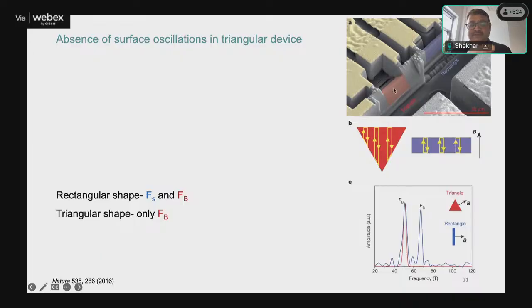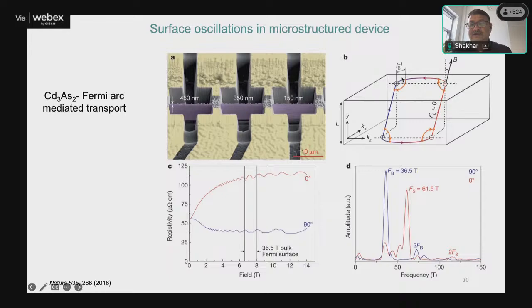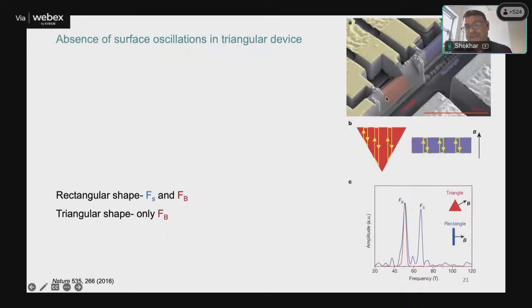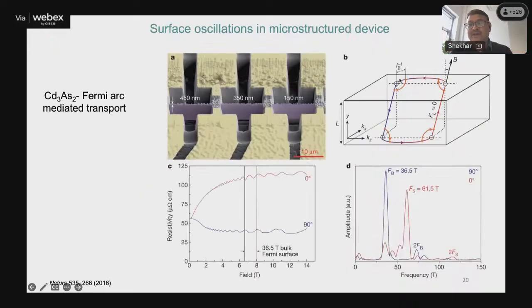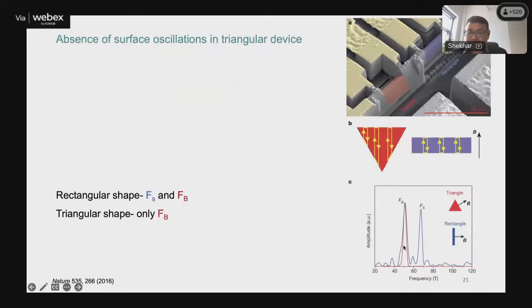Once we don't have the top surface, we don't expect this connection of the path, because we don't have the surface. In this case, we have only one frequency here.